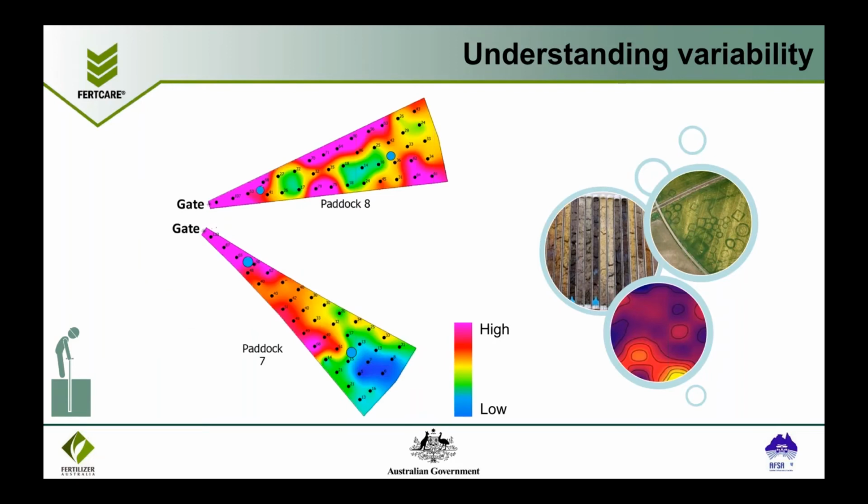Whilst you might get that sort of variability across the farm, if you look more closely within a paddock, and this is some work done by Bill Koching, it identifies that you can have significant variability within a paddock, and you can tend to have high nutrient areas around gates and high nutrient areas around troughs. So understanding that is important.